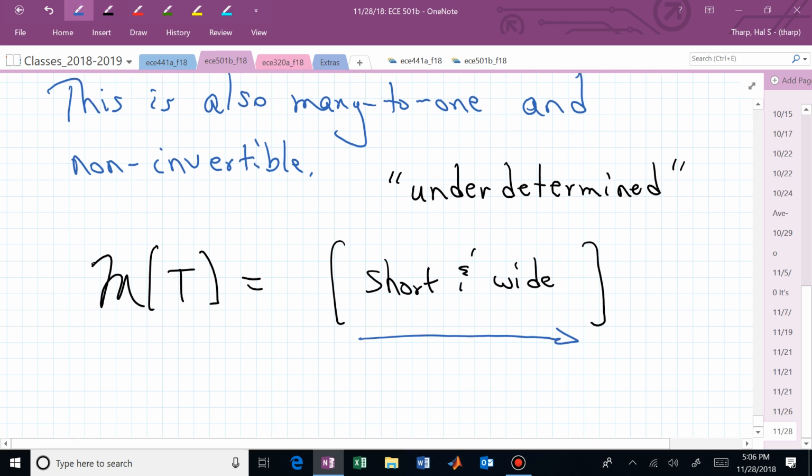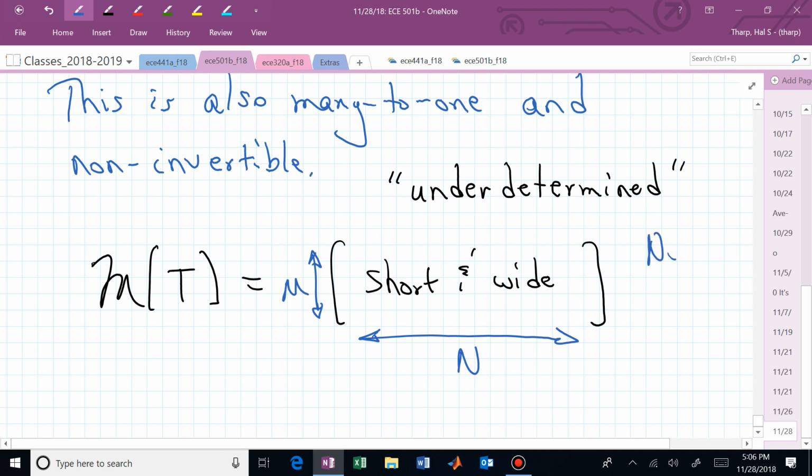We have a bigger input vector. This is our capital N, and this is now our output vector. This is our capital M. And M, we said, was less than N. So let's make it an extreme case and say that we have a much shorter matrix rectangular-wise than it is wide.